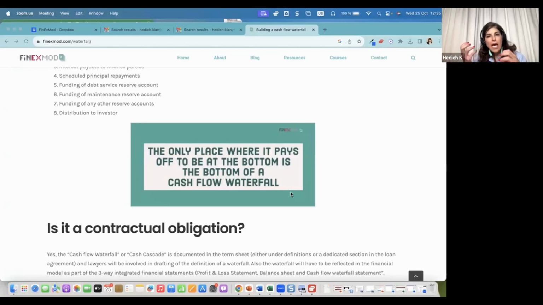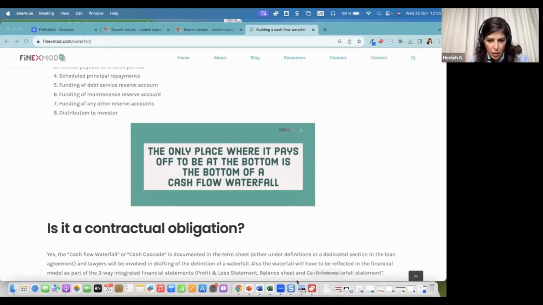That's why the cash flow waterfall was created: it tells how this pie, the project revenues, is going to be distributed, and when. The priority, the ranking, is what makes the cash flow waterfall an important statement.